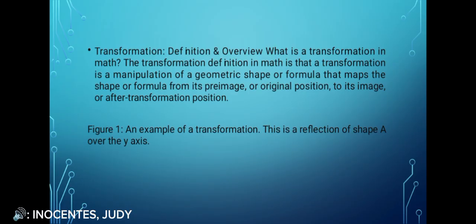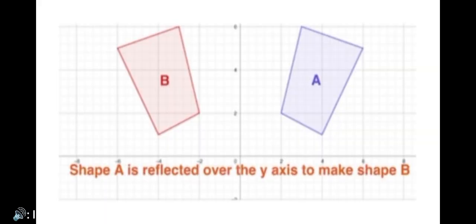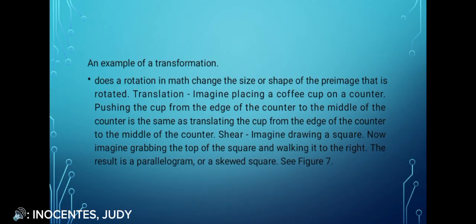Figure 1, an example of a transformation. This is a reflection of shape A over the y-axis. An example of a transformation. Thus, a transformation in math changes the size or shape of the image that is rotated.